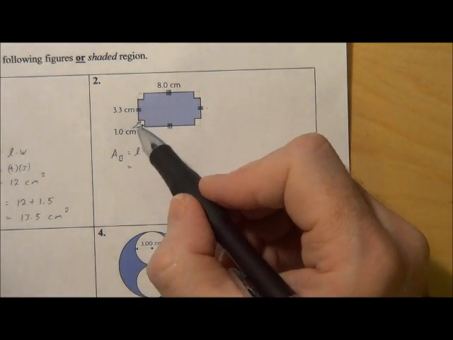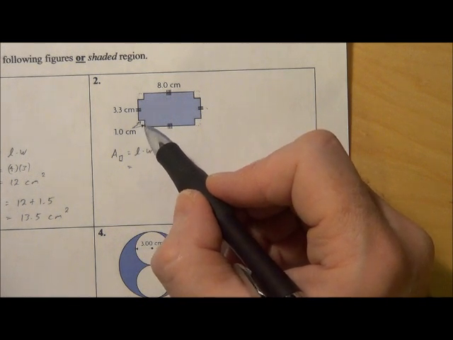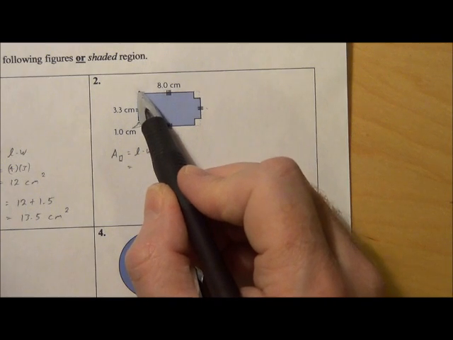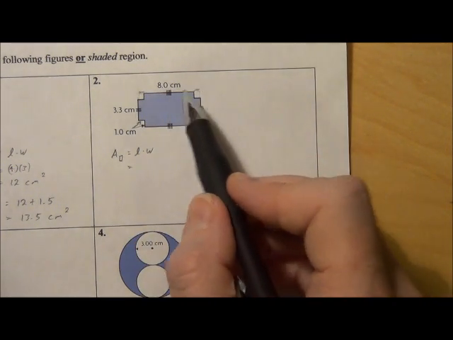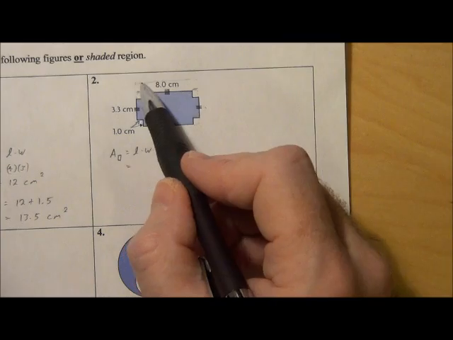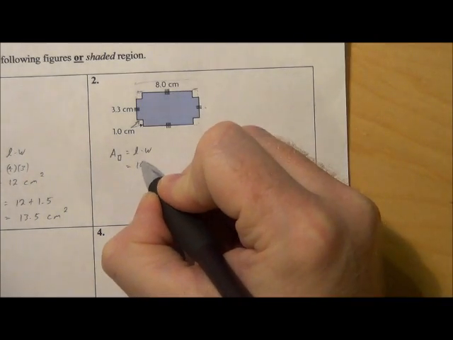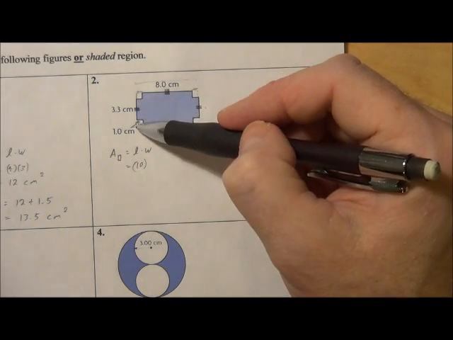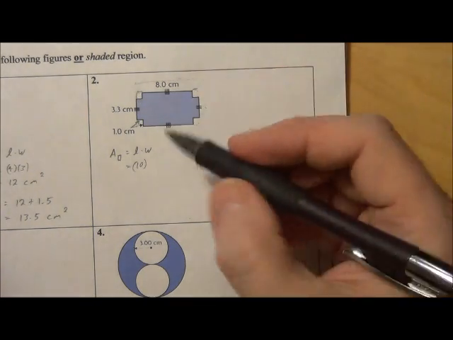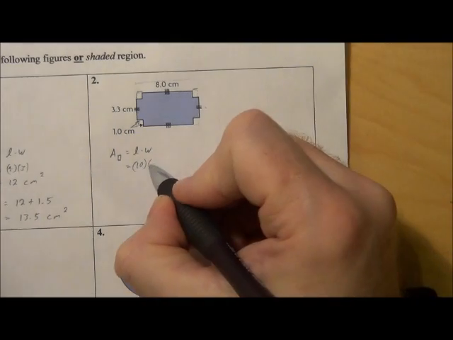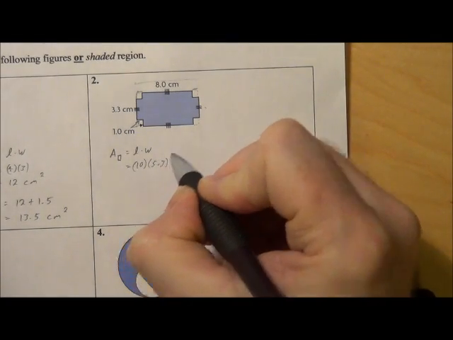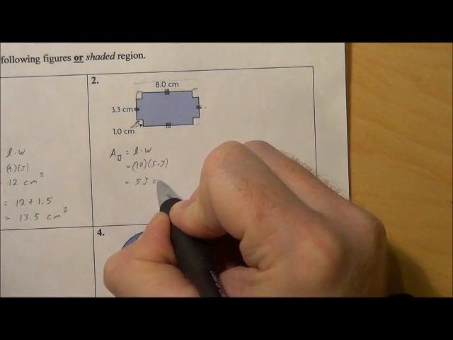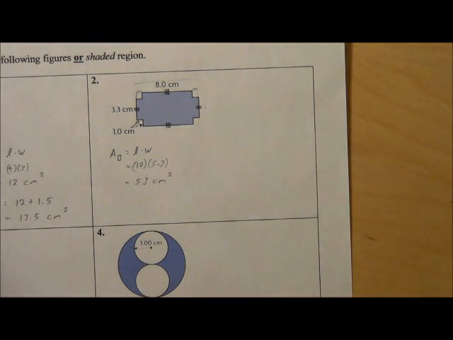If this square that's been cut out is 1 centimeter by 1 centimeter, that means that this little piece is 1 centimeter, and this little piece is 1 centimeter, which means the whole length has got to be 10 centimeters. And then again, if this piece is 1 centimeter and this piece is 1 centimeter, then the whole length there would be 5.3 centimeters. I multiply those together, which gives me 53 square centimeters.